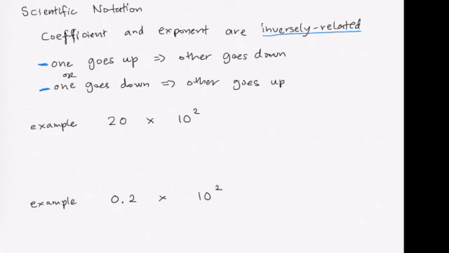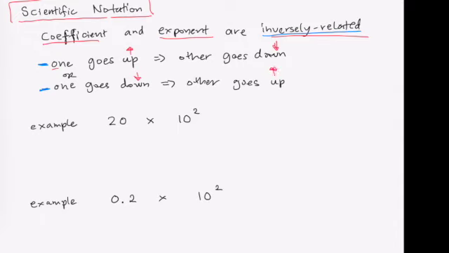Another thing to mention about scientific notation is that the coefficient and the exponent are inversely related. Inversely related means that if the coefficient goes up, then the exponent goes down. Or if the coefficient goes down, then the exponent goes up.